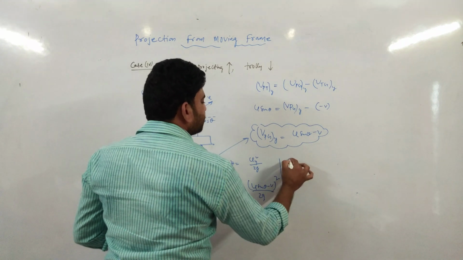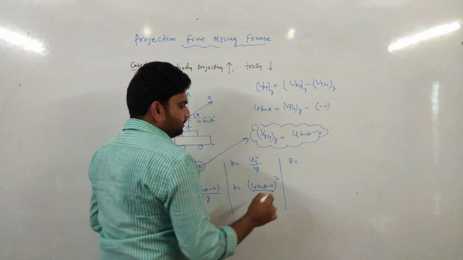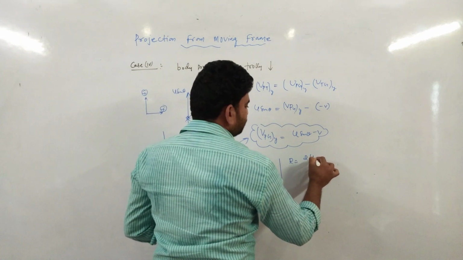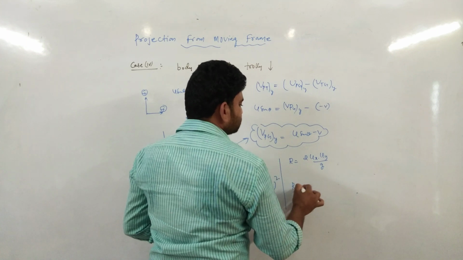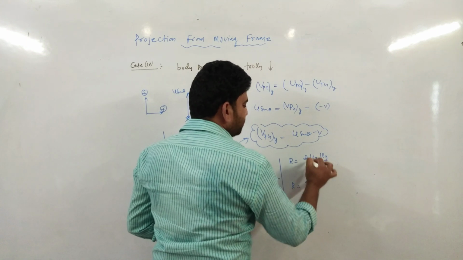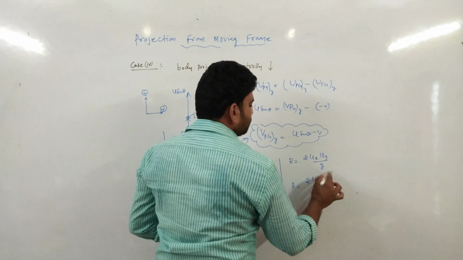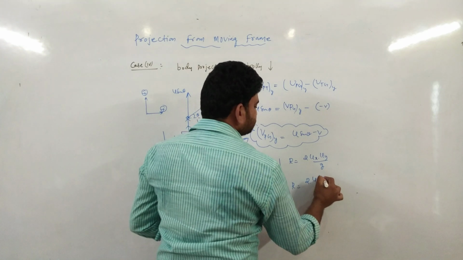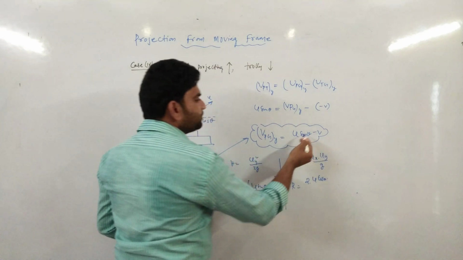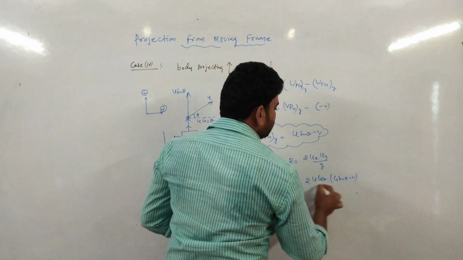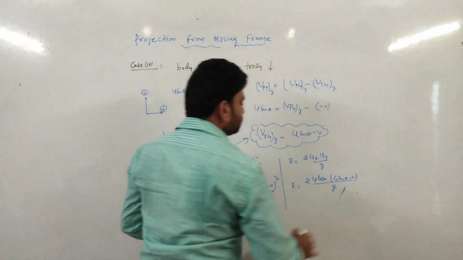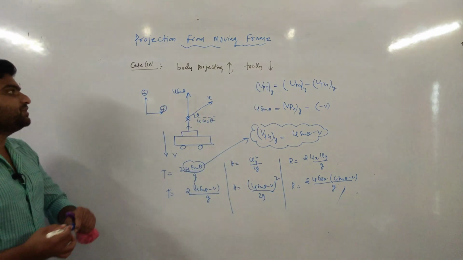Third is horizontal range, 2 ux uy by g, so r becomes 2 into ux, which will not change, that is u cos theta, and uy is changed to (u sin theta minus v), by g. These are the different formulas of this case 4.